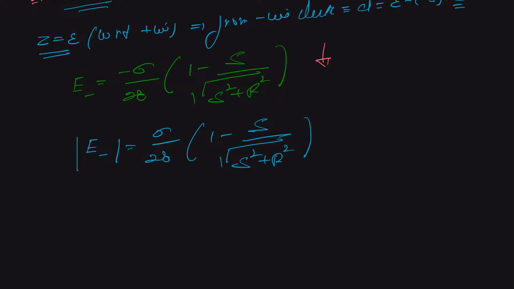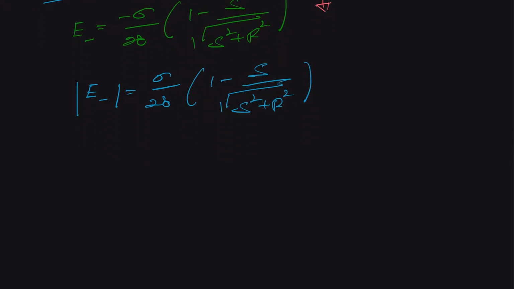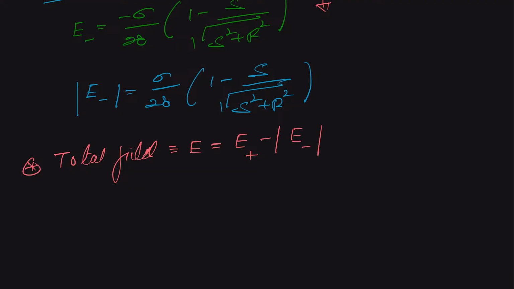Therefore, for the total field, if we take upward as positive, the total field, suppose we have E, will be the superposition of the positive and the negative.